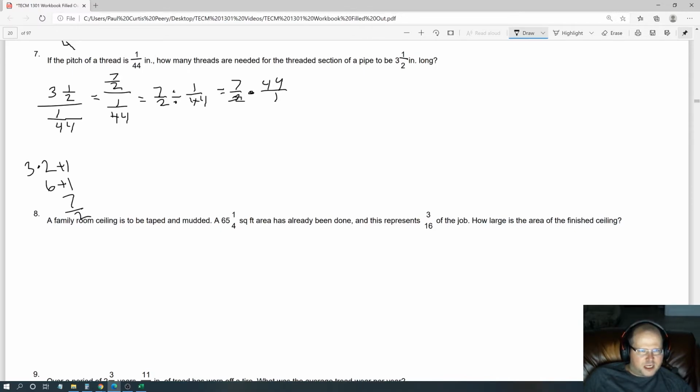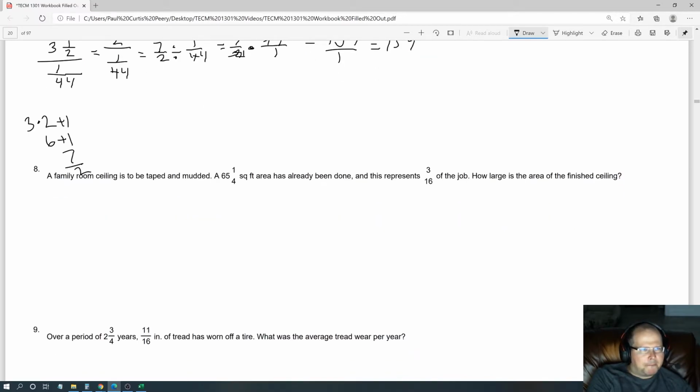At this point, I can divide by 2 into both of these. 2 divided by 2 is 1. 4 divided by 2 is 2. 2 times 7 is 14. 1 times 1 is 1, and you end up with 14. How many threads? 14 threads.